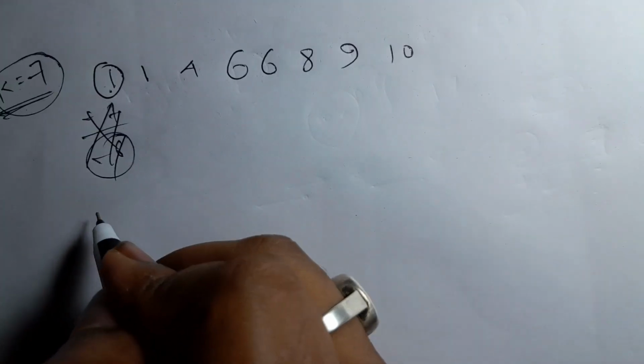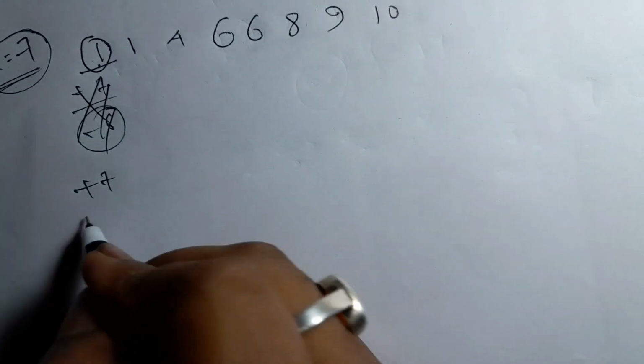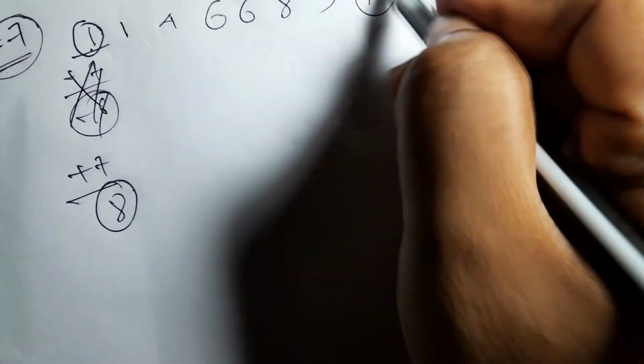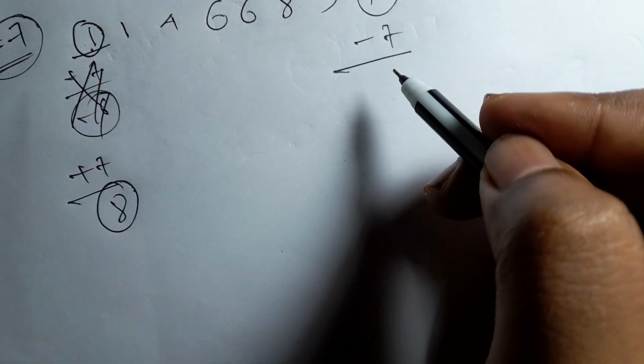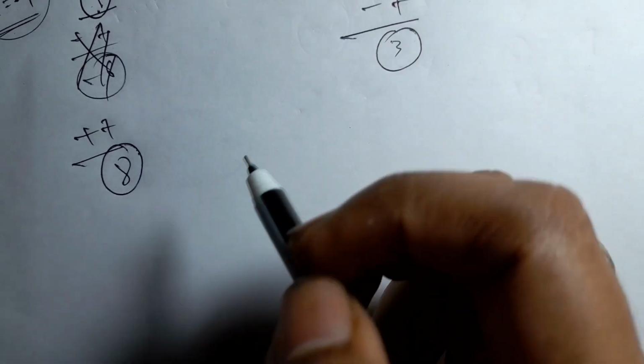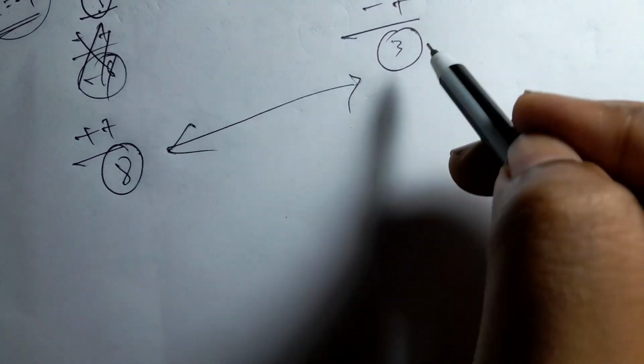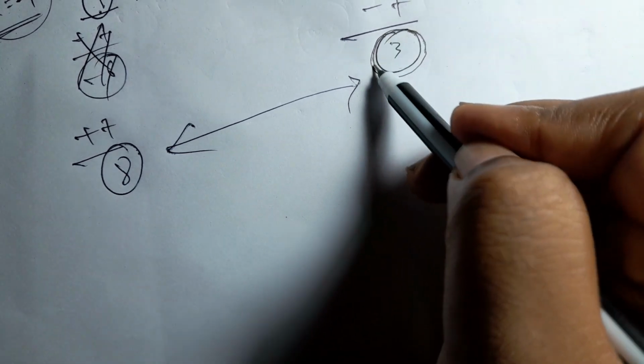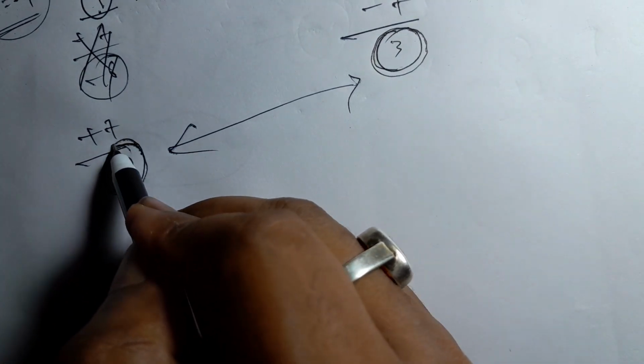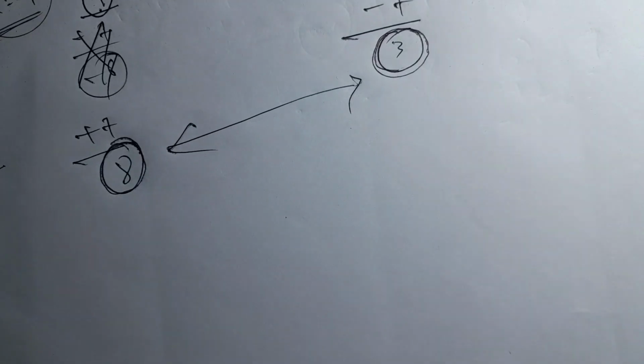So I increase the minimum element, which is 1, and my element will become 8. And if I decrease 7 here, then it will be 3. Please notice here, our maximum element becomes minimum and our minimum element becomes maximum. So it is possible that after the operation, our minimum element or our maximum element may change. So we have to check what our minimum element and maximum element are every time.